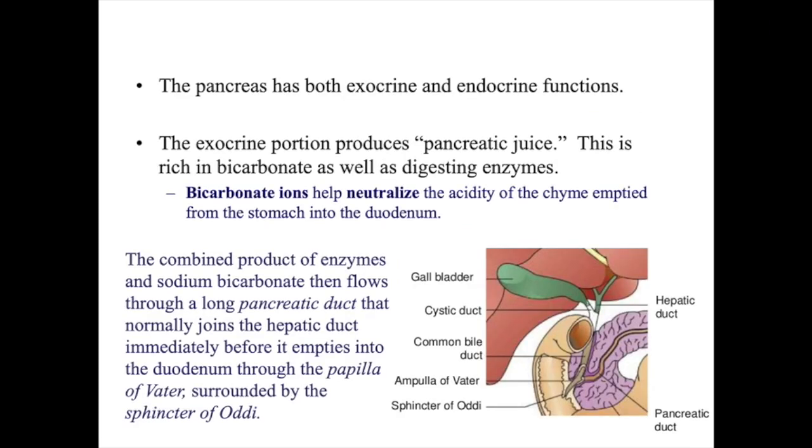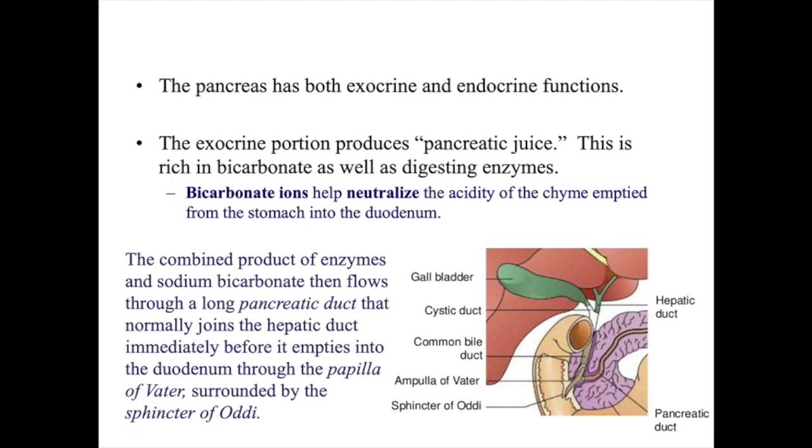Proceeding now to the pancreas. The pancreas has both exocrine and endocrine functions. We'll speak later on about the endocrine functions, but the exocrine, which means that it sends its secretions into a place other than the blood, is responsible for several aspects of digestion.